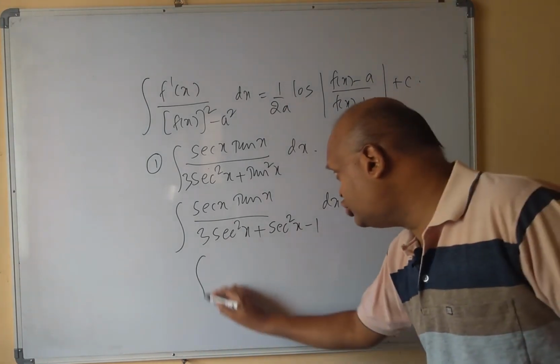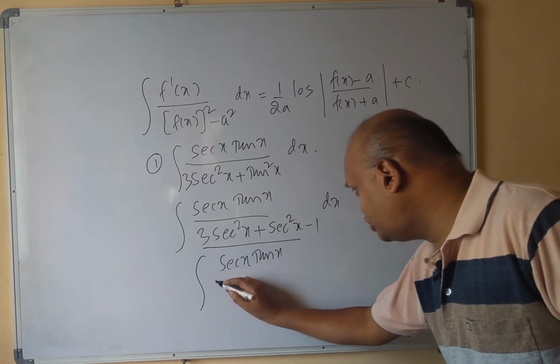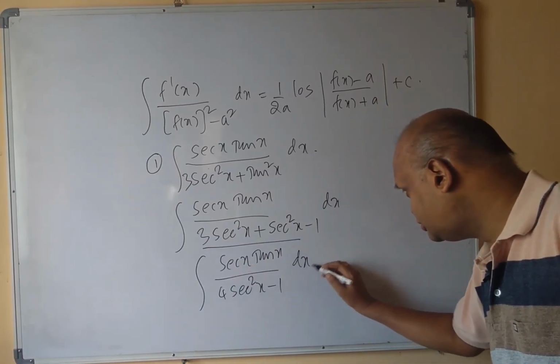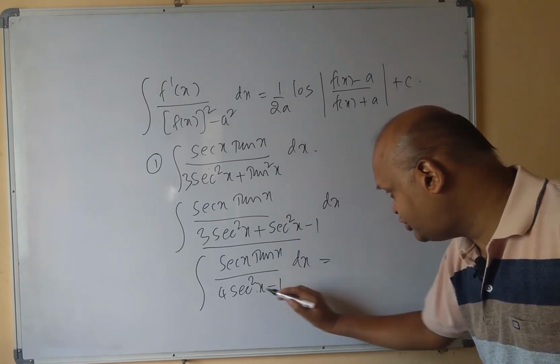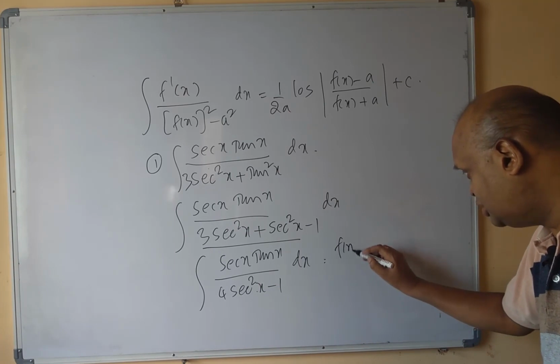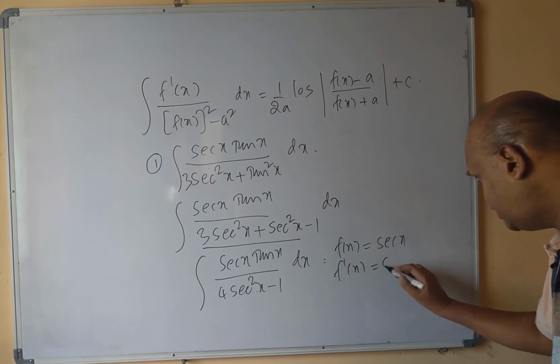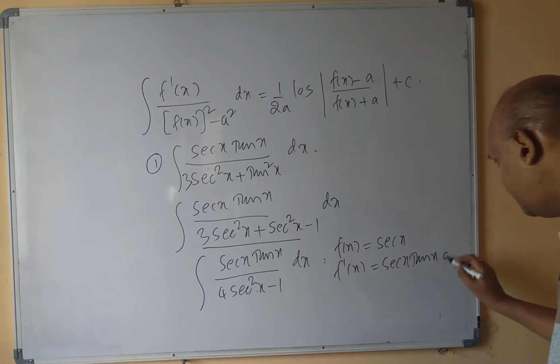So definitely it is going to be sec x tan x, and here 4 sec square x minus 1. Now this is your f(x). So your f(x) is sec x, and f dash x is sec x into tan x, with dx here.